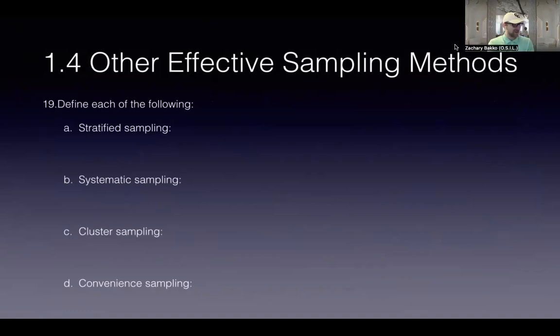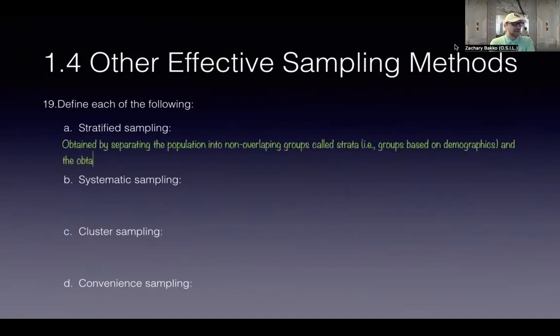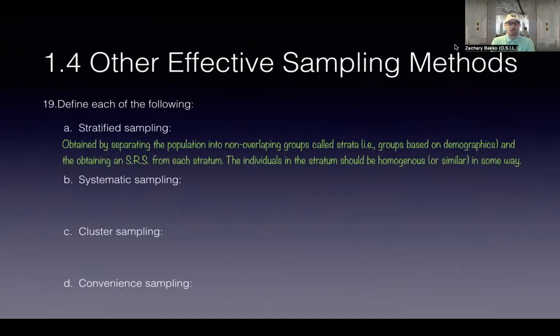All right, so stratified sampling. This is obtained by separating the population into non-overlapping groups called strata. So in other words, these groups are based on demographics: age, gender identity, weight, height, socioeconomic status, things like that. And then obtaining a simple random sample, or an SRS, from each of those strata.